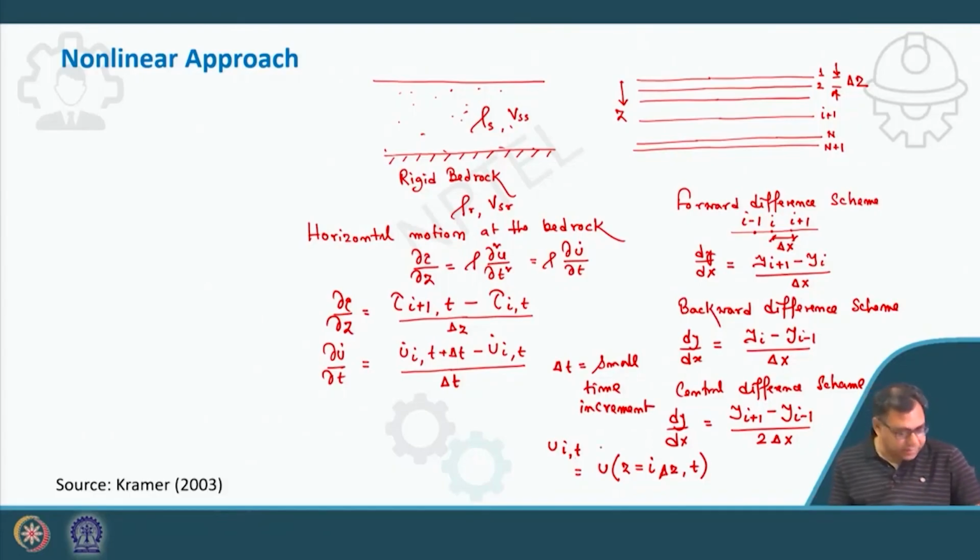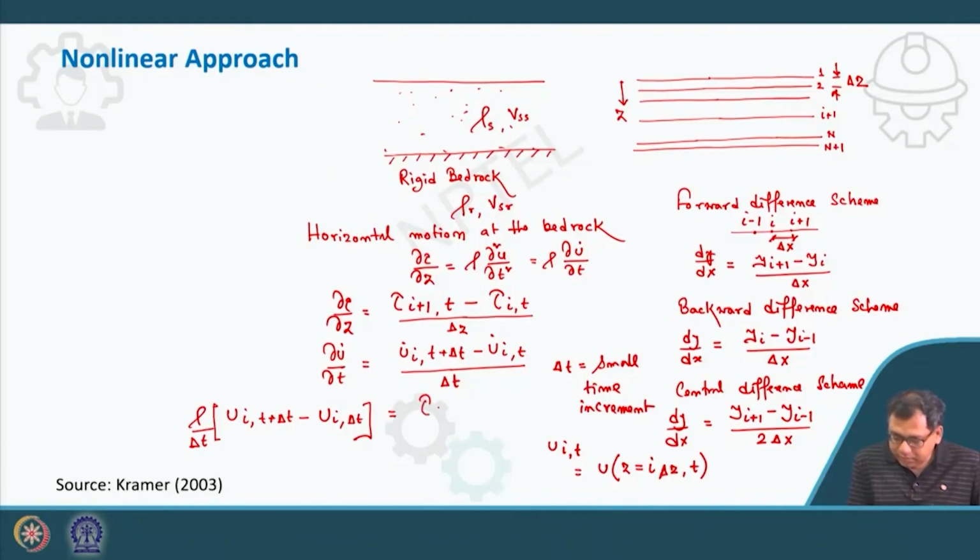Now if I put these values, I will get rho into u dot I at t plus del t, minus u dot I at t, divided by del t, equal to tau I plus 1 at t minus tau I at t, divided by del z.